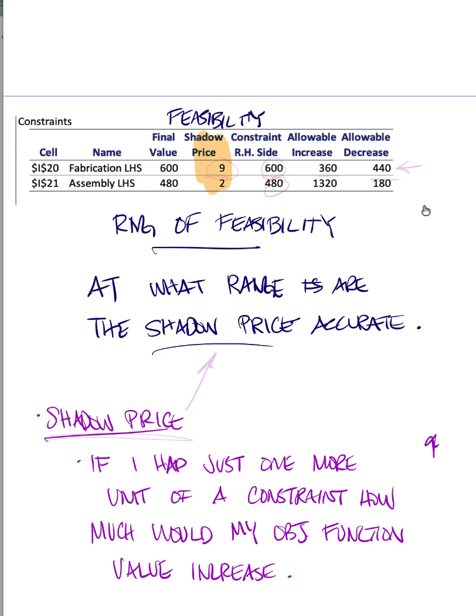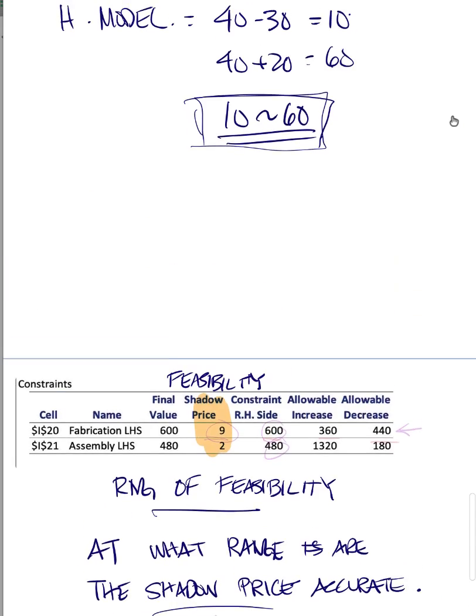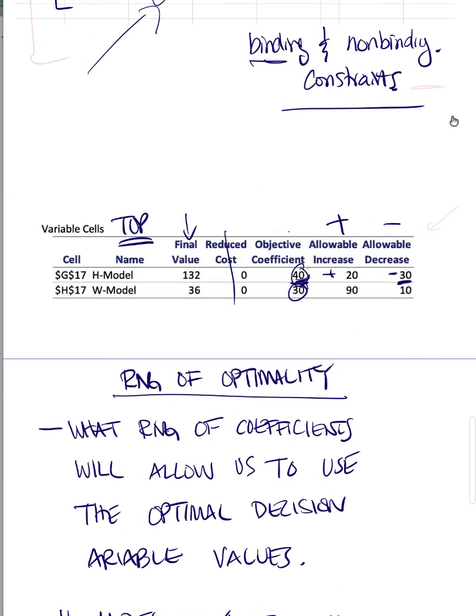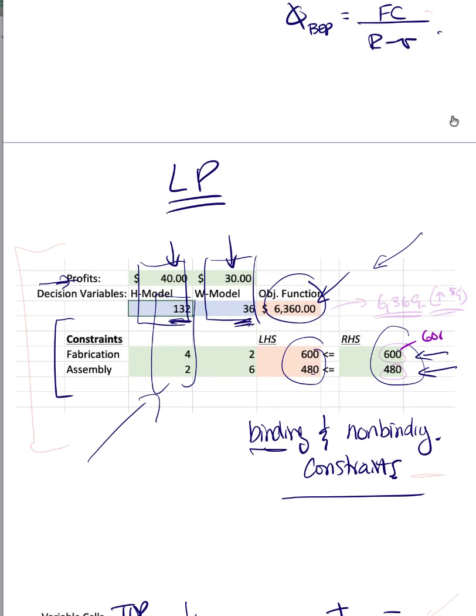So instead of 600, if we had 601 hours available to us for fabrication, we know that our objective function value would go up by $9.